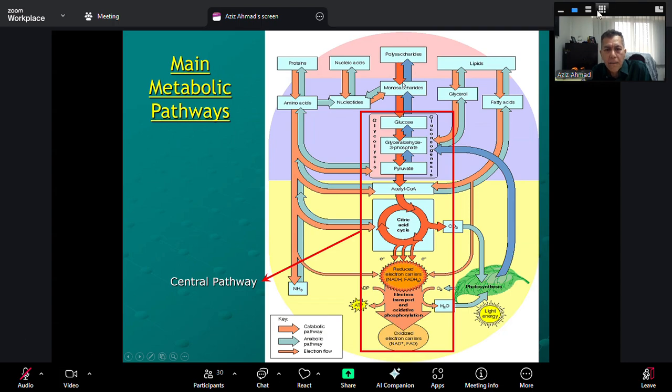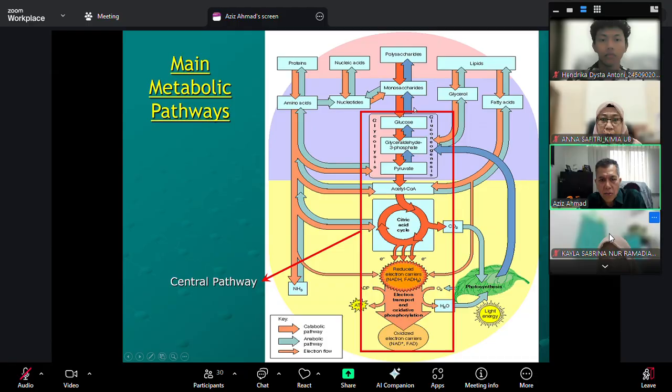So polysaccharide gives you monosaccharide, for example glucose. From glucose you get glyceraldehyde 3-phosphate, then pyruvate with 3 carbons, then acetyl-CoA with 2 carbons, and then acetyl-CoA will enter the citric acid cycle or Krebs cycle. Then the ATP and NADH produced from the Krebs cycle will go to the electron transport chain for production of ATP.